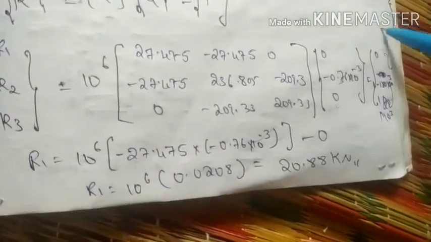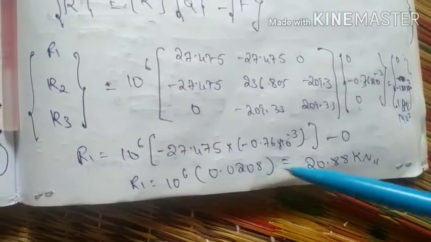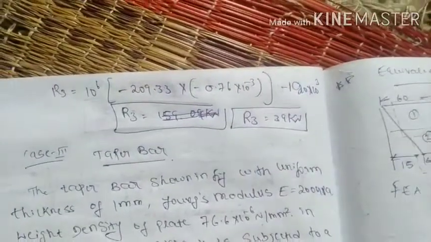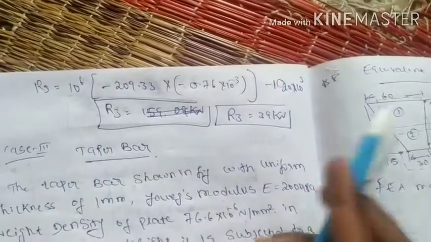Same we substituted here, and finally we are finding the reactions. So R1 we get as 20.88 kilonewton, and similarly R3 becomes 39 kilonewton.